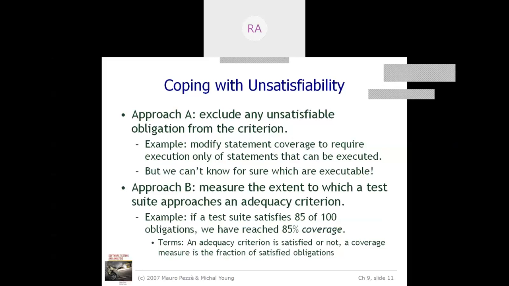For example, you modify statement coverage to require execution only of the statements that can be executed. Whenever you get to know about statements which are never going to be executed, they can be eliminated.